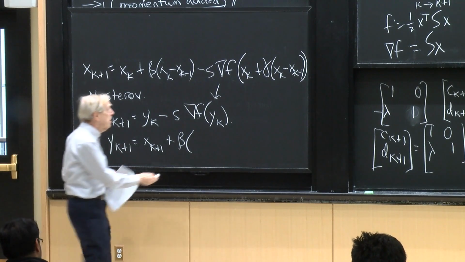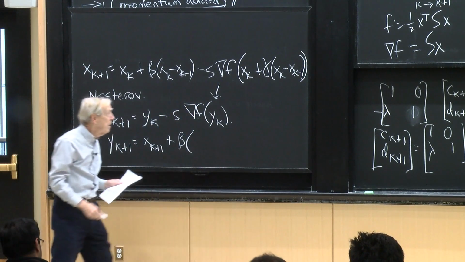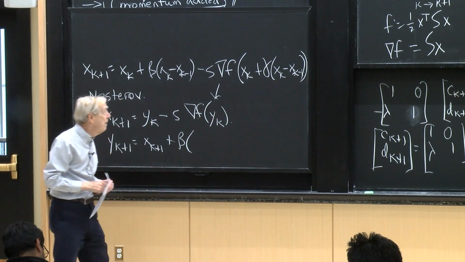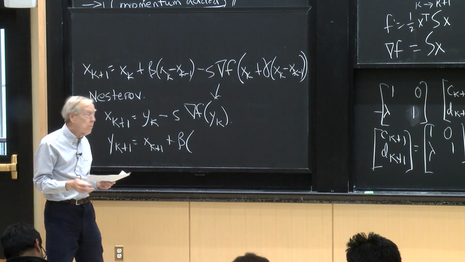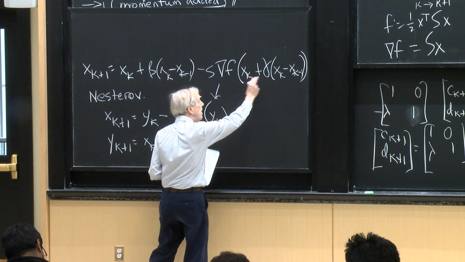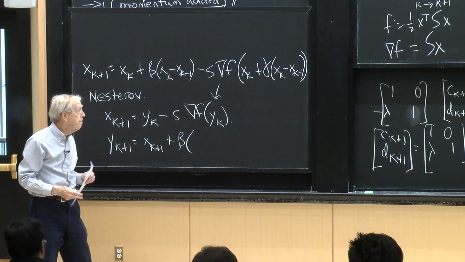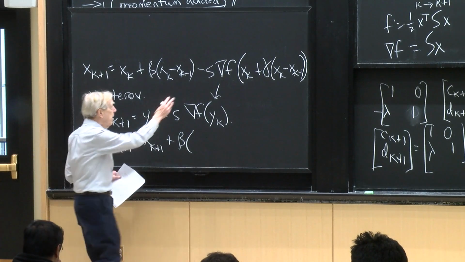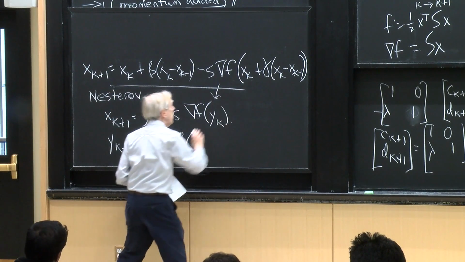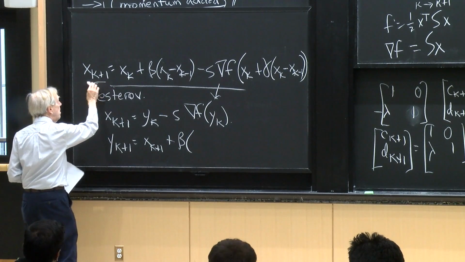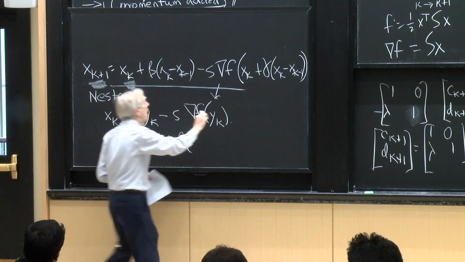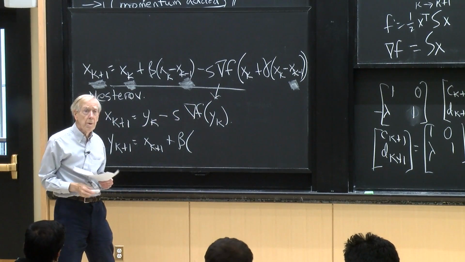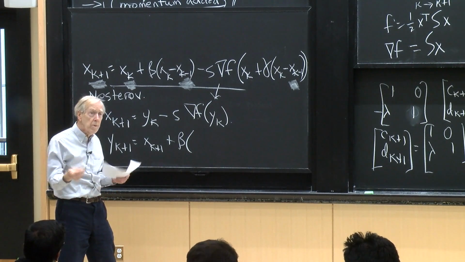Because gamma is going to be some non-integer, this evaluation point for the gradient of f is a little unexpected and weird, because it's not a mesh point, it's somewhere between. And that involves x_{k+1}, x_k, and x_{k-1}. So it's a second order method.